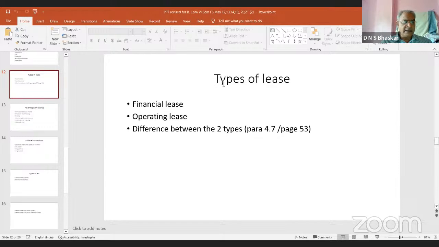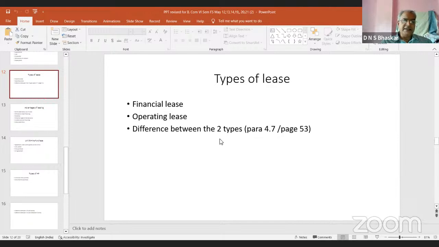In the case of operating lease, ownership of the asset remains with the lessor only, and no transfer of ownership is possible from the lessor to the lessee.